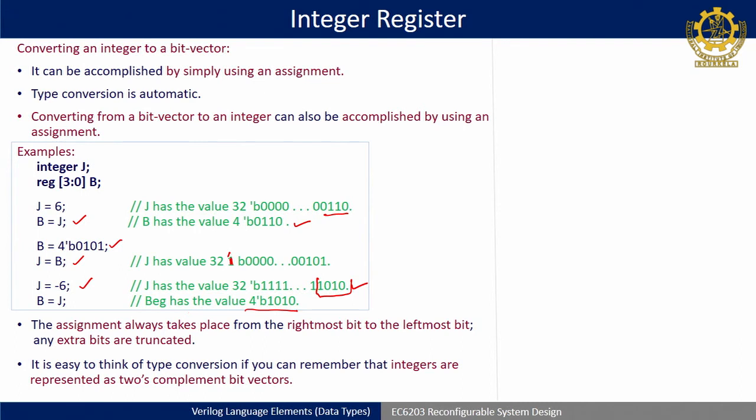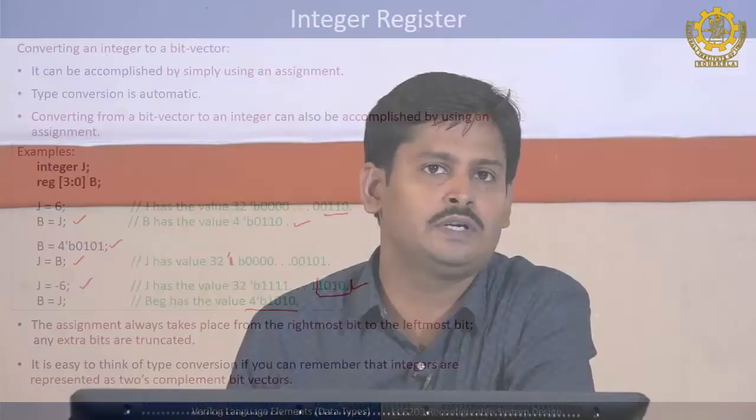In VHDL there is a special function to convert integer to vector and vector to integer, but here it is done directly by simple assignments. The tool takes care of how much it requires for evaluating its final result and how much will be truncated depending upon the bit vector size. So this is all about the integer register.